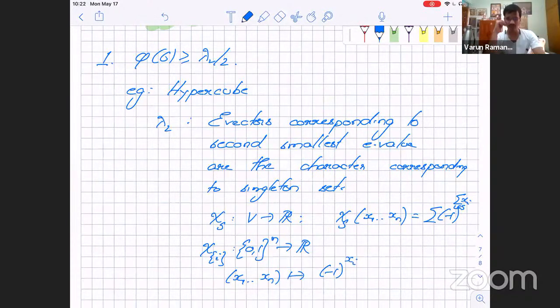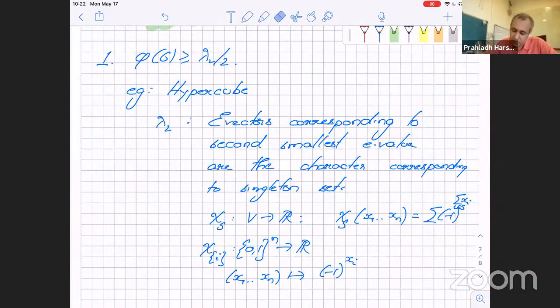Prahladh, is the summation extra in the chi S definition? Sorry, there's no extra summation. It's just minus 1 to the power summation of xi, i in S. You're right.